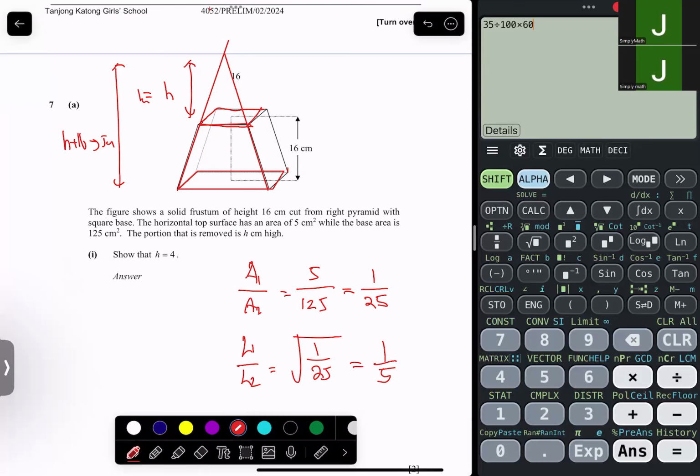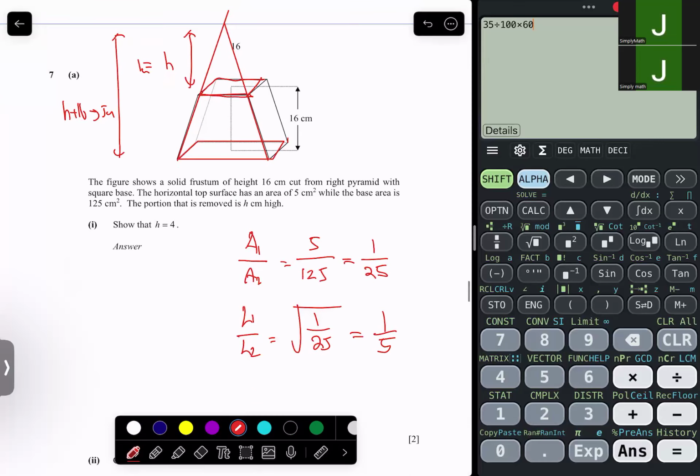So H over H plus 16 equals 1 over 5. So 5H equals H plus 16, cross multiply. 4H equals 16, H equals 4.